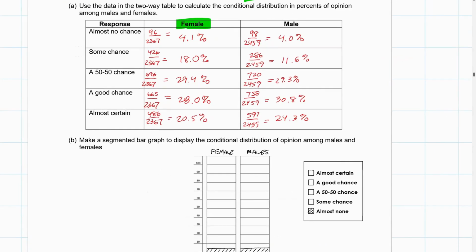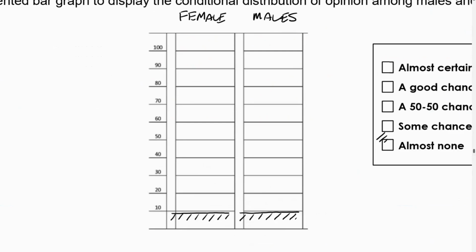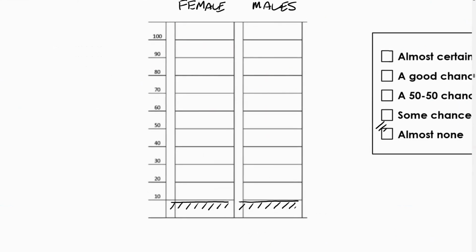I'll switch to a red, and I get 18%. Well, 18% plus the additional other 4% is about 22%. So I'm going to make my line at about the 22% line. Okay, I'm sorry, the paper shifted on me.